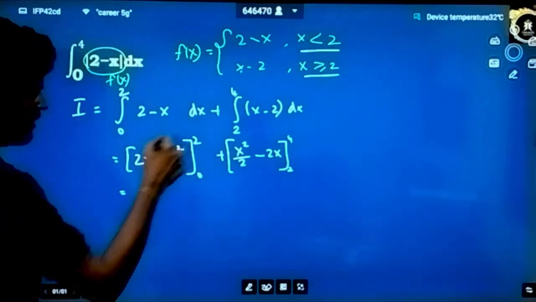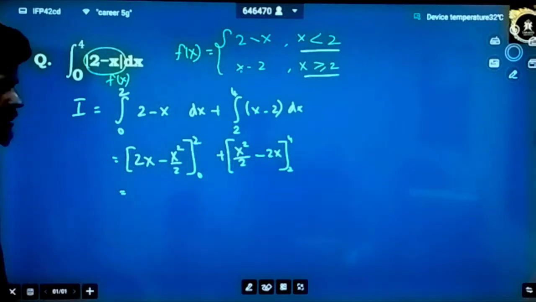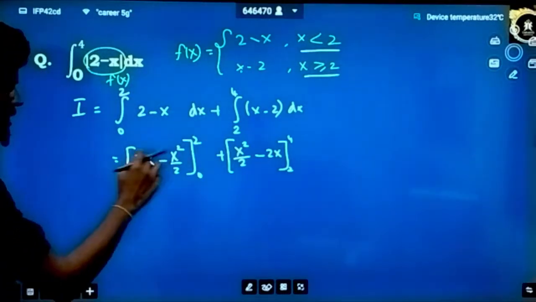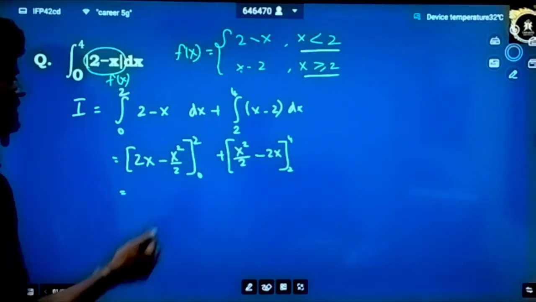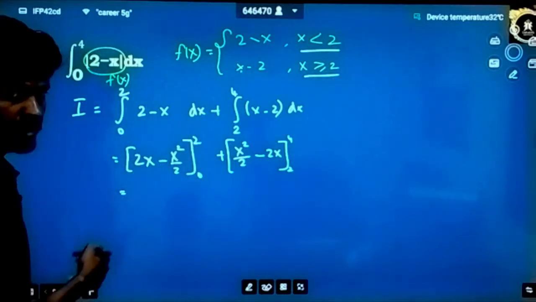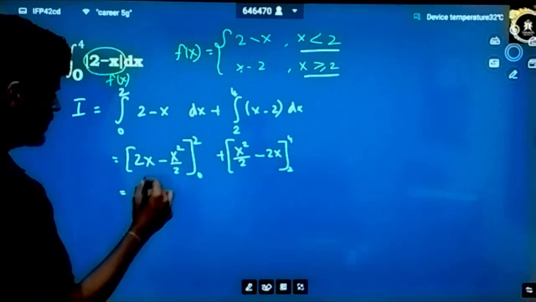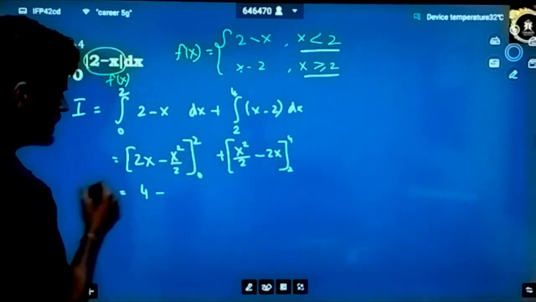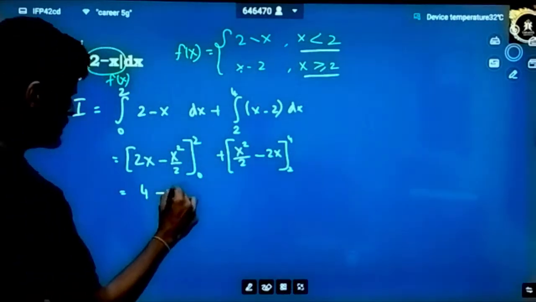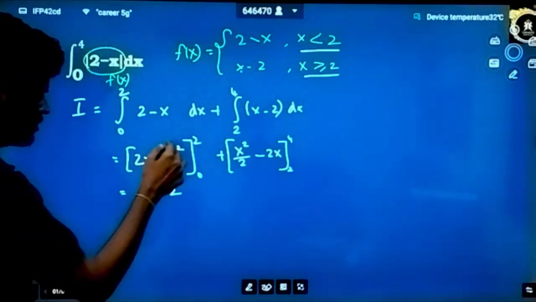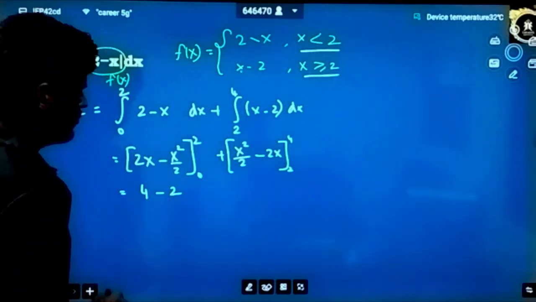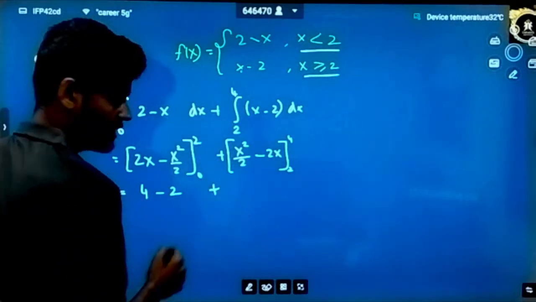Now when we apply the limits, for the lower limit 0, 2 into 0 minus 0 square by 2, that is 0. For the upper limit, we get 2 into 2 is 4, minus 2 square by 2, that is 2. So we get 4 minus 2 for the first integral.